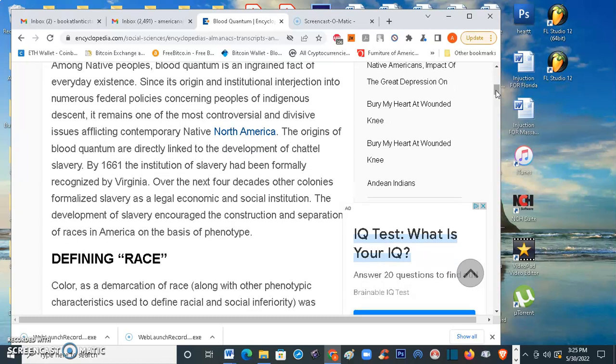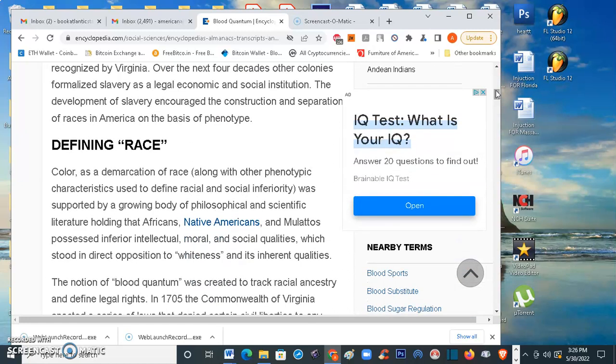Remember, the American continent has many phenotypes of indigenous or aboriginal or original copper color people. Color defining race. Color as a demarcation of race along with other phenotypic characteristics used to define racial and social inferiority.